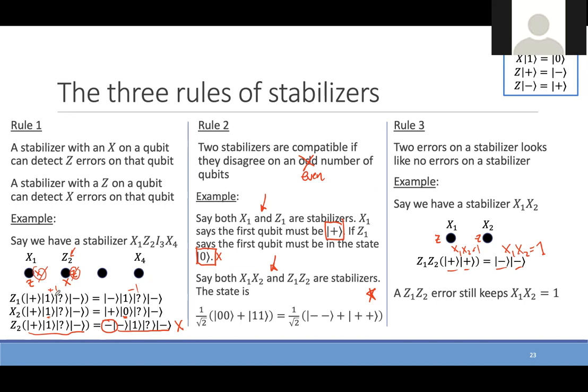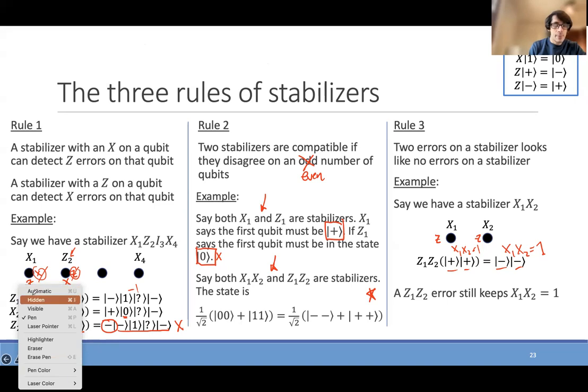I have a small question regarding the first rule. Yes. The third example where you put error as Z2. Yeah. So in that case also we get the value as 1 after putting the error Z2.